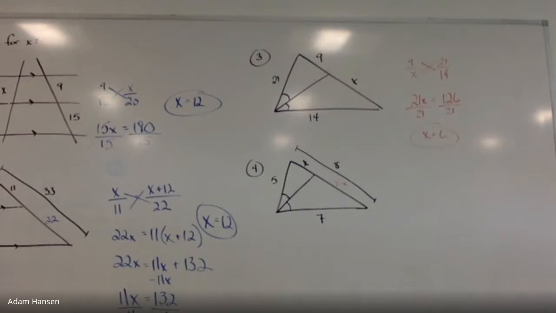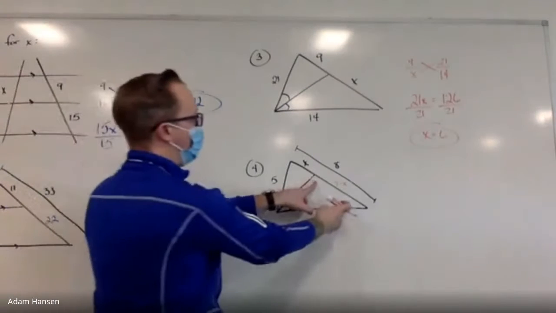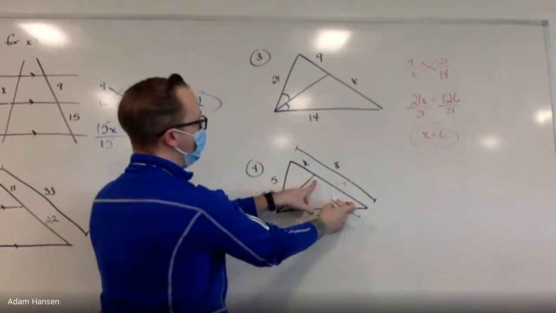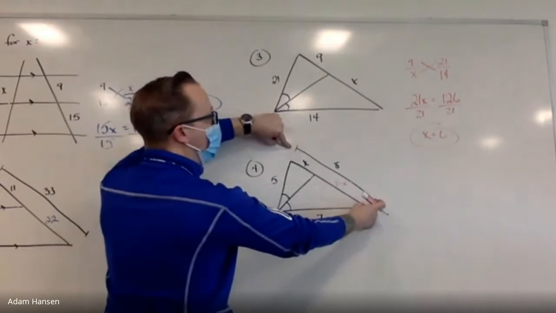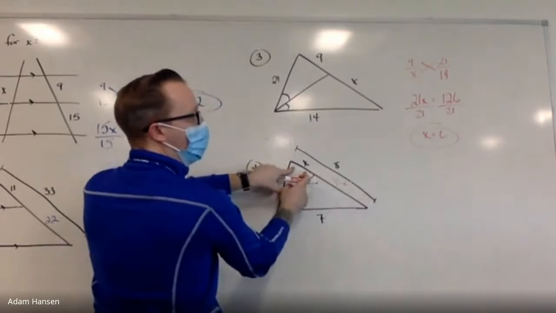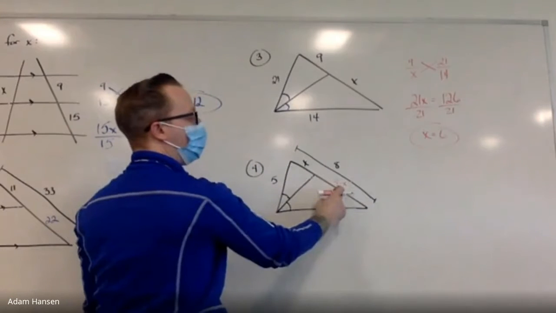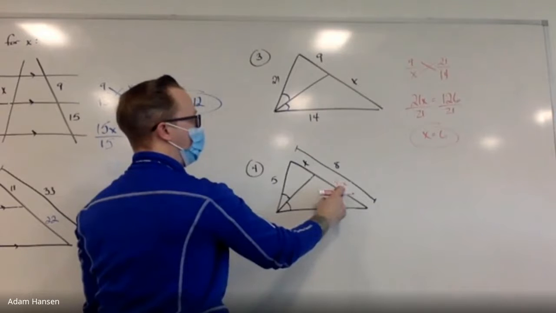On number 4, I'm missing this piece here on the lower right part of the figure, but I can figure it out pretty quickly by knowing that the whole length is 8. One part is x, so the other part would be the difference, 8 minus x.